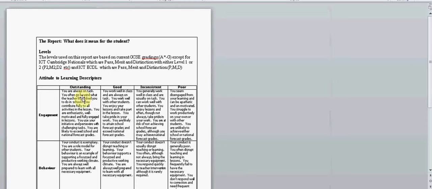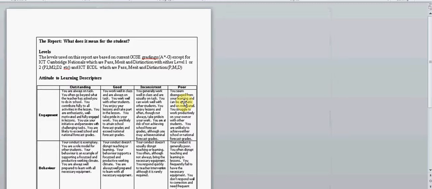And below that we will also have the attitude to learning descriptors. So that is engagement, behaviour, and further on below there will be homework, and whether we're finding the student is outstanding, good, inconsistent and poor. And rather than read off the screen, it's probably better you get the last report out and actually read it on paper, where it'll be much clearer to see.